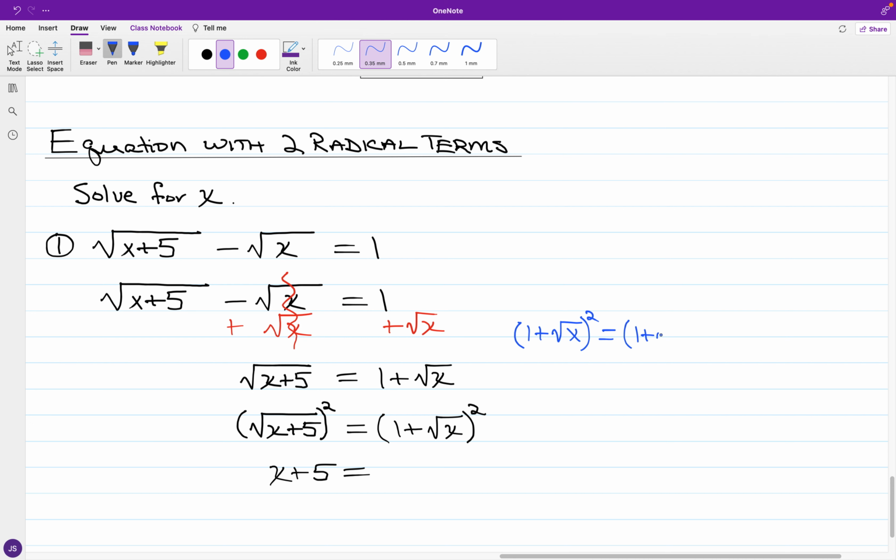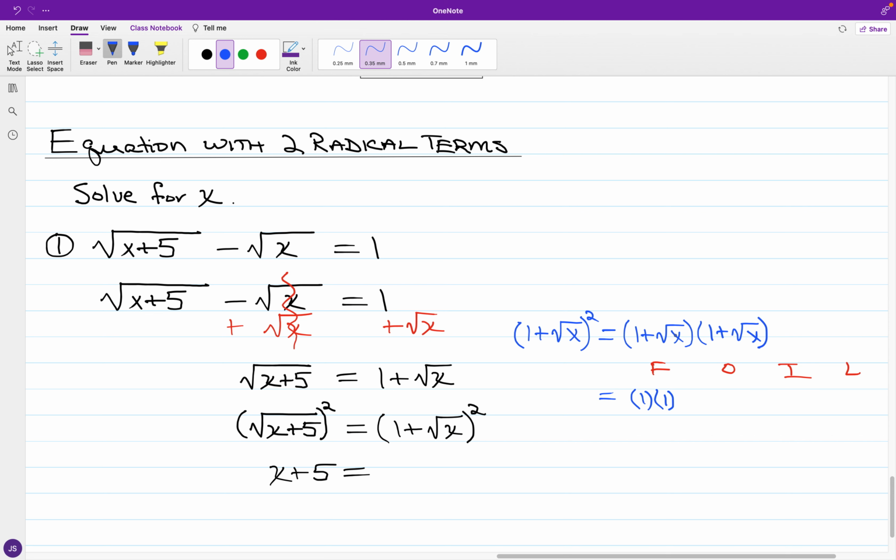This will mean 1 plus the square root of x times itself, and if we FOIL this out, I'm just kind of stretching this on out, almost like going back to day one, except we have a radical involved.